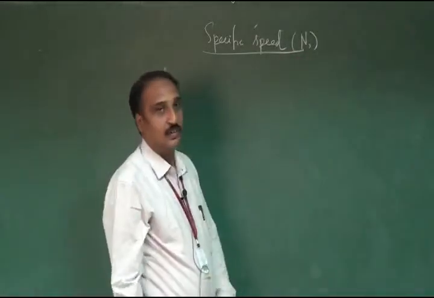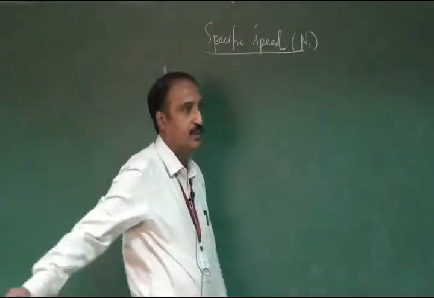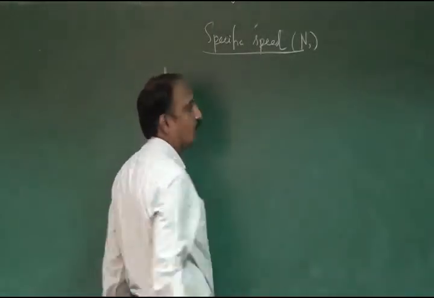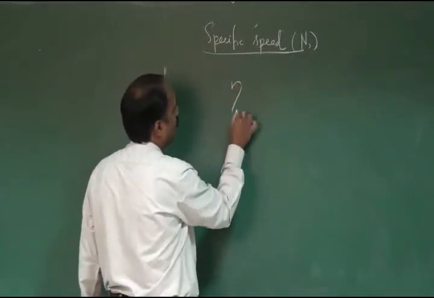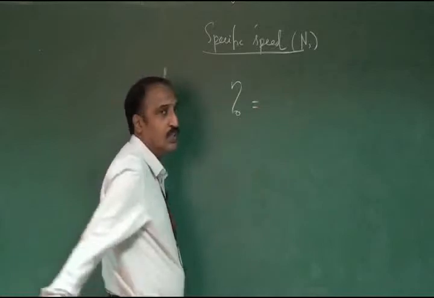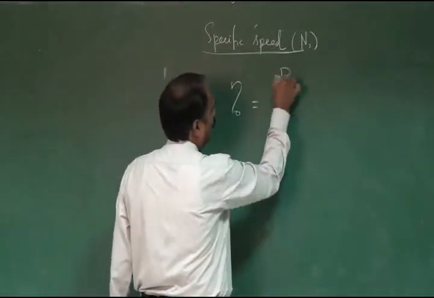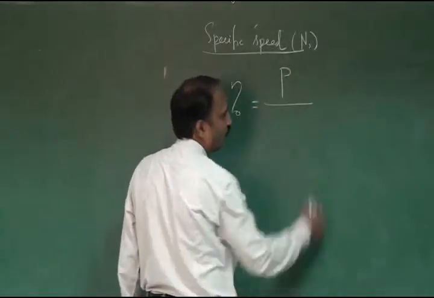How do we derive this specific speed? Derivation of specific speed using the overall efficiency relation. The overall efficiency of the turbine is equal to shaft power output divided by water power.